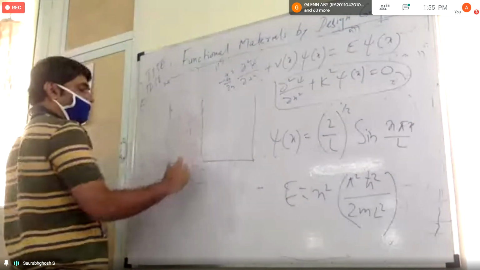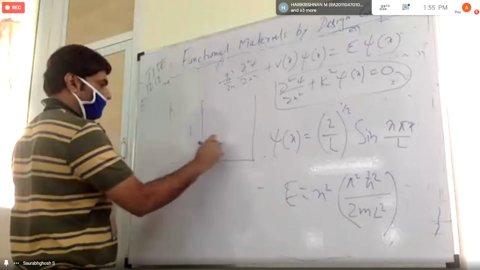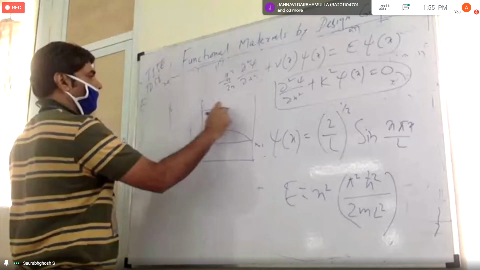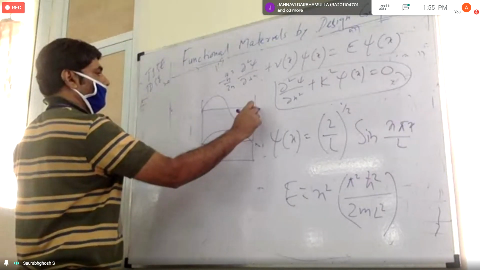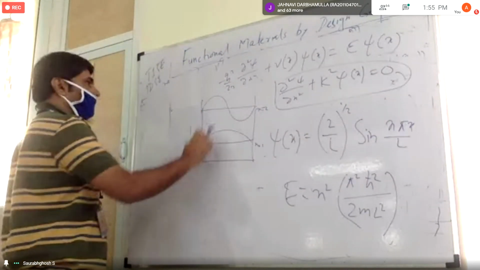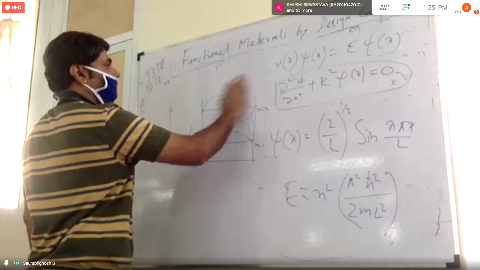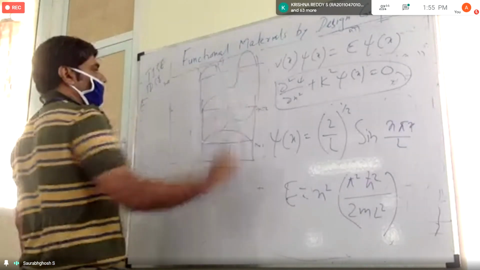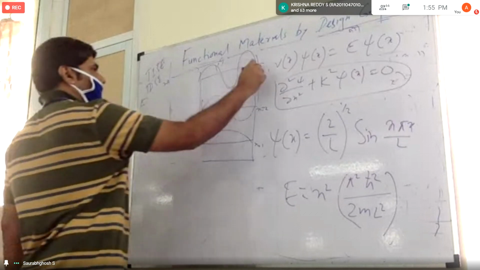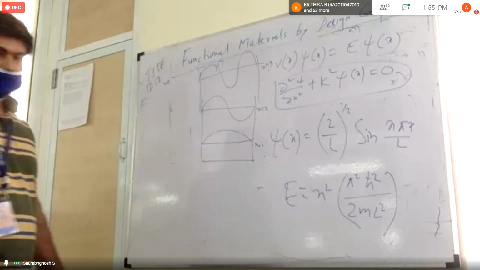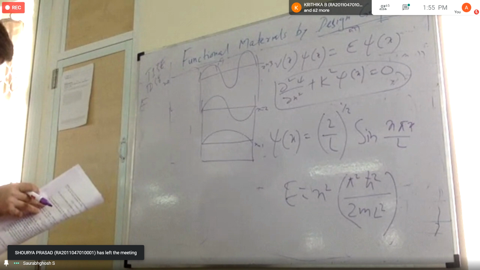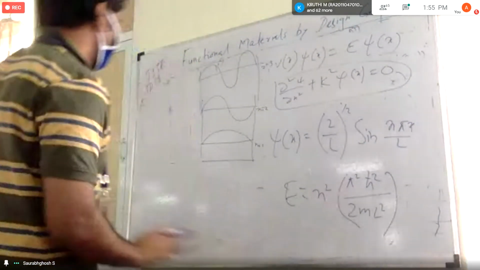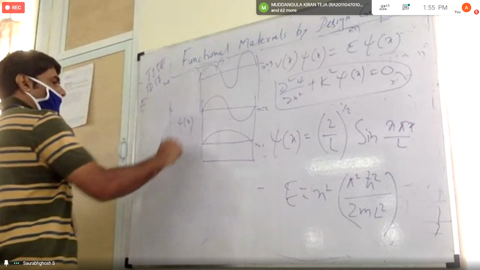Now you can also plot the wave function. This should be for n is equal to 1, this should be for n is equal to 2, and this should be for n is equal to 3. This should be the wave function, so we are plotting psi of x.